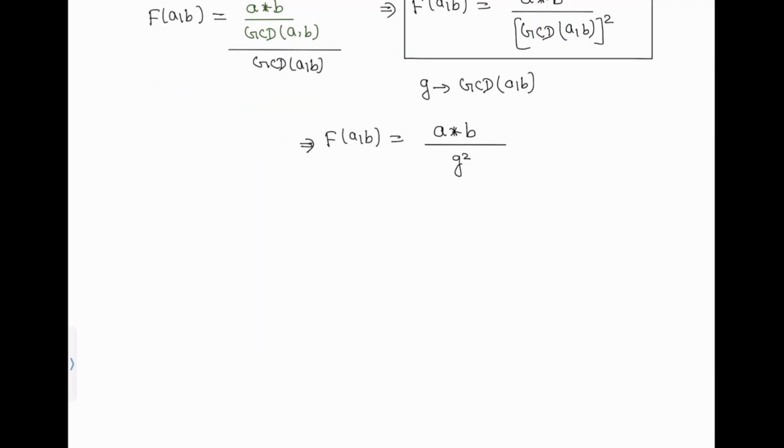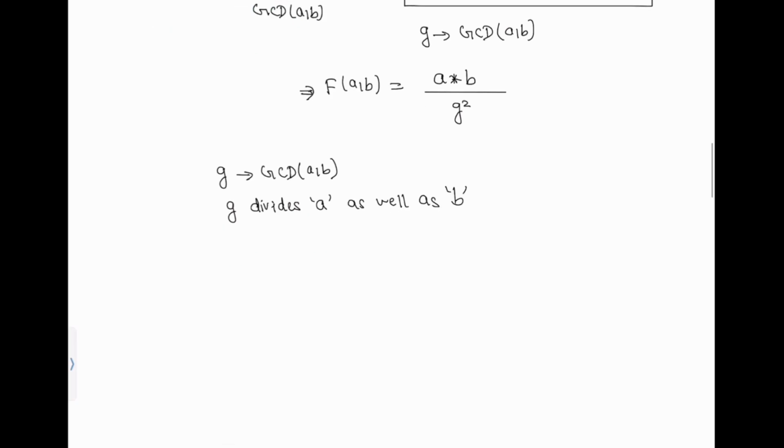Now remember, G is the GCD of A and B, which means that G divides A as well as B. G can completely divide A and G can completely divide B without leaving any remainder, because it's a divisor of both A and B, the greatest common divisor.